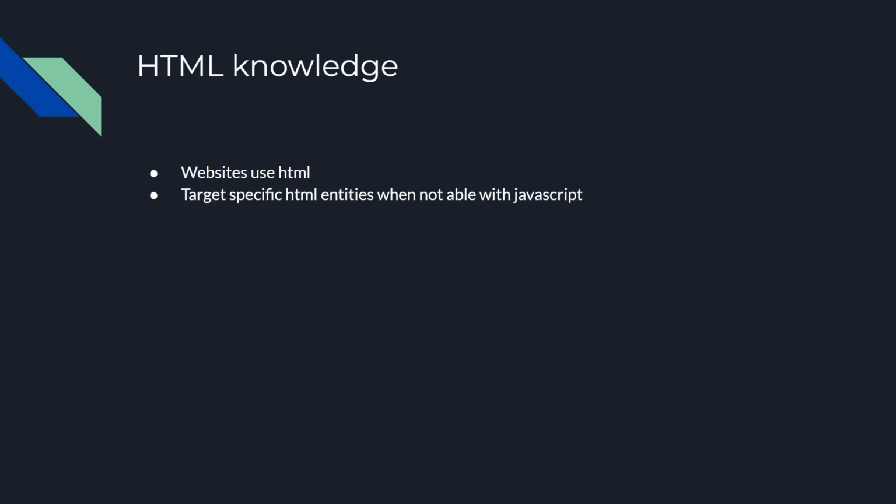HTML is pretty basic. Websites use HTML. You need to know how to target HTML entities when you're not able to get the information out of JavaScript. Some pages have all the information set in JavaScript, and you can use that. Others need to call an API, and others you can just use the web page.